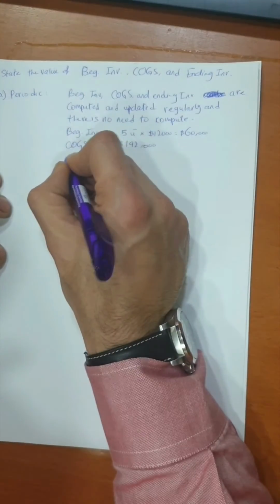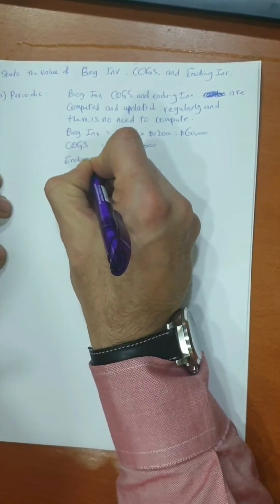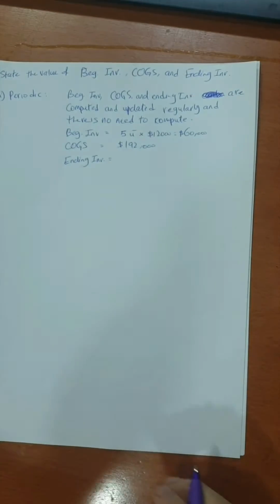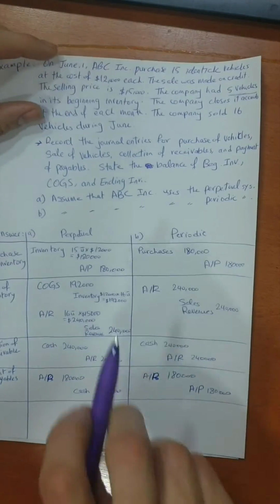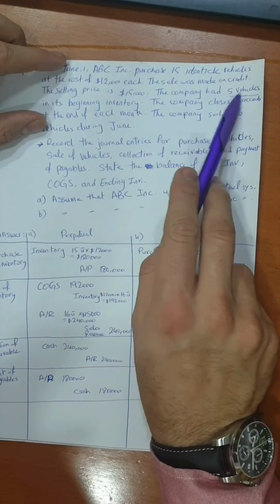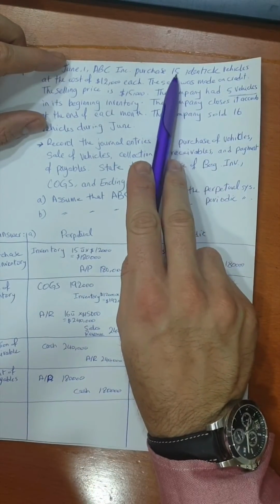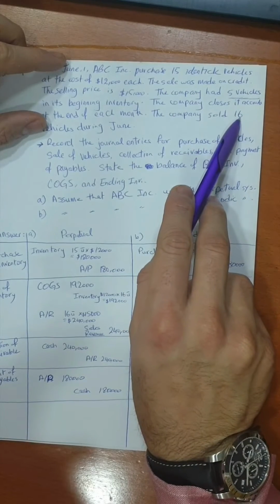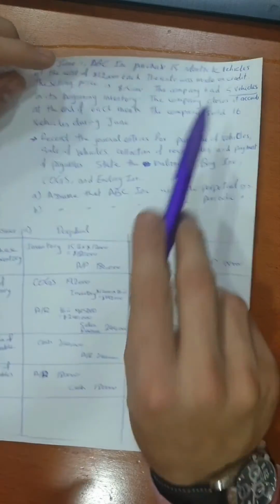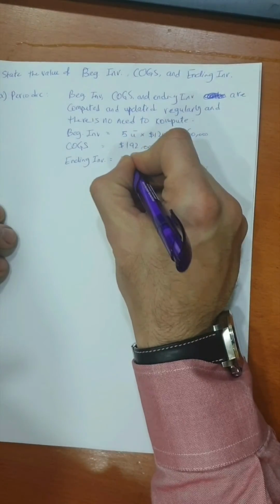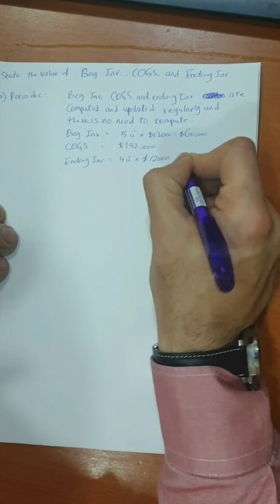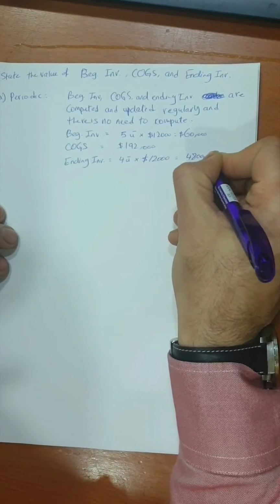The ending inventory is basically, if you think about it, we had 5, we added to them 15, this is 20, and we sold 16, so we are left with 4 at the end of the period, and therefore the ending inventory is 4 units multiplied by $12,000, which is $48,000.